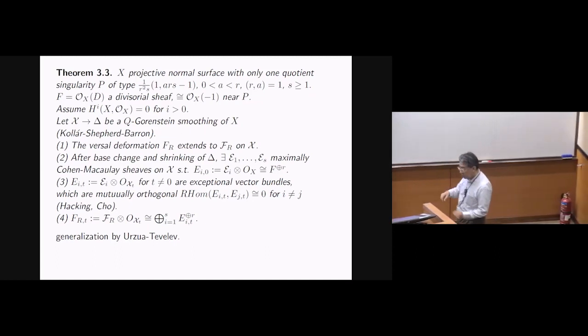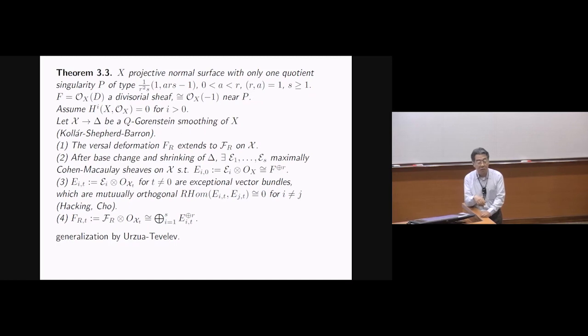Of course, if there is more than one, then still one can do something. For example, in the case of a toric surface, you have many singularities, but still you can do something.